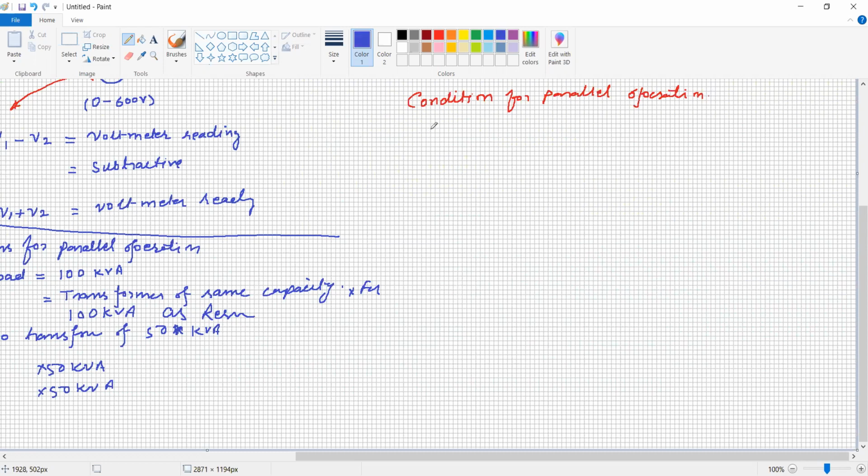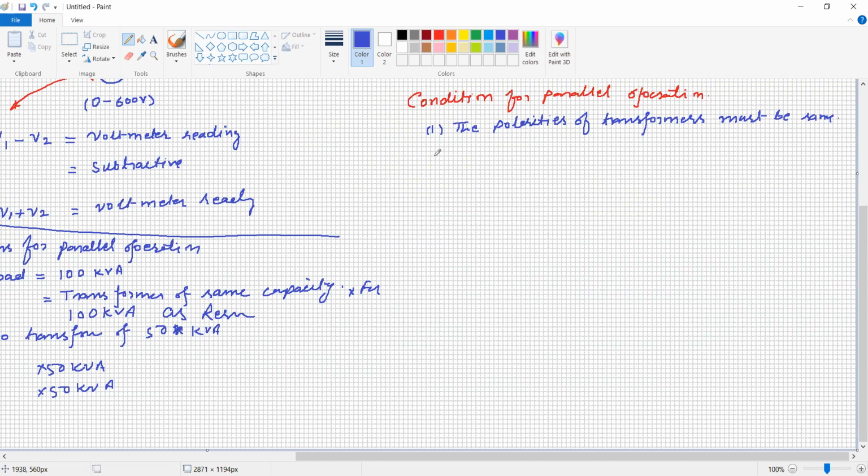So the first necessary condition is that the polarities of the two transformers must be the same. As already discussed, if transformers of different polarity are connected, it will make a short circuit. We will see this one by one.